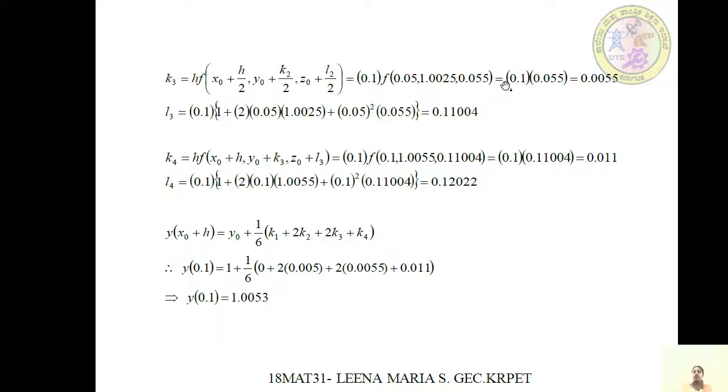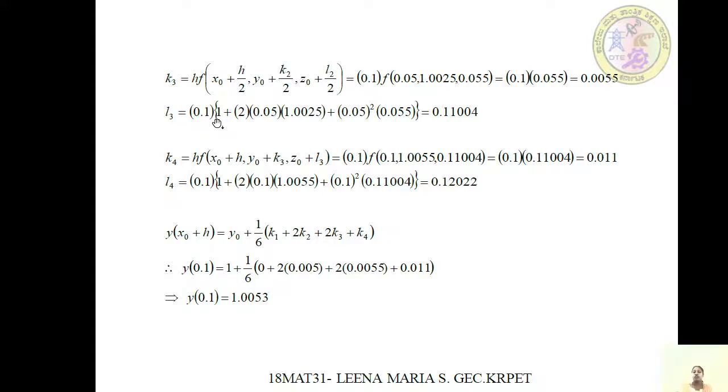0.055. This is 0.1 times the function f, where I get only the z term, so 0.1 times z, which is 0.055. Multiplying, we get 0.0055.